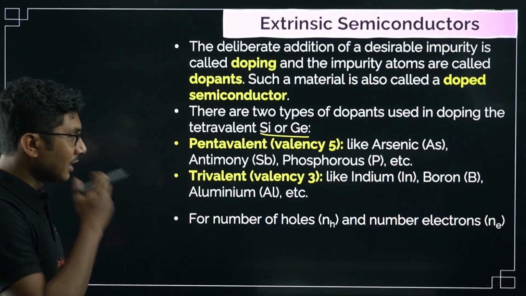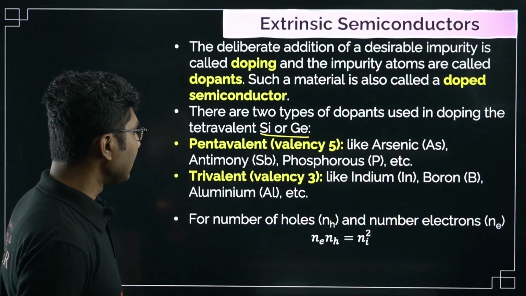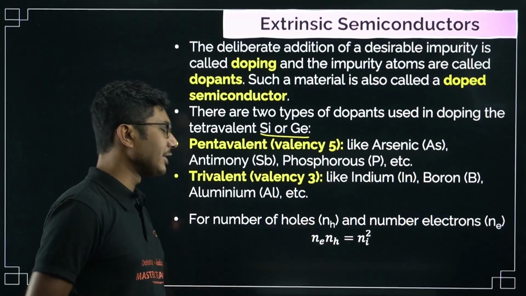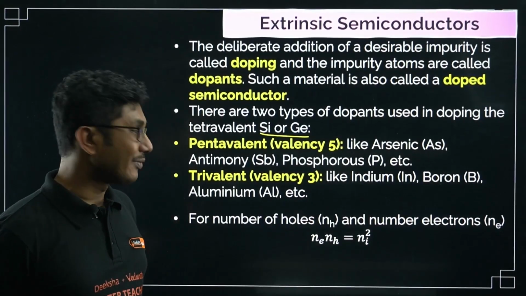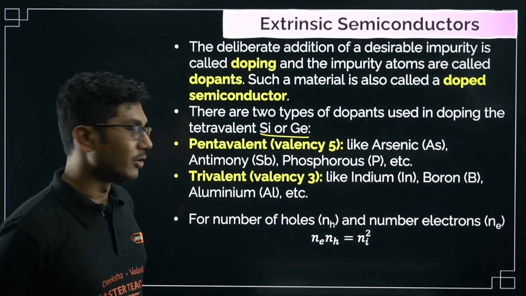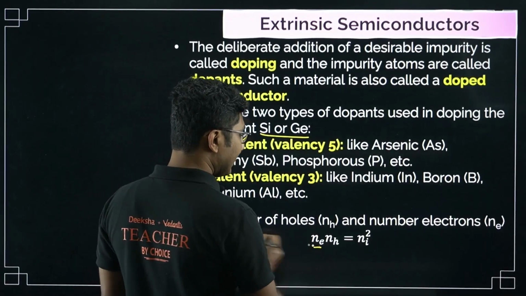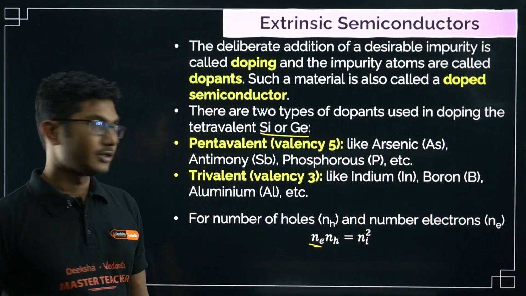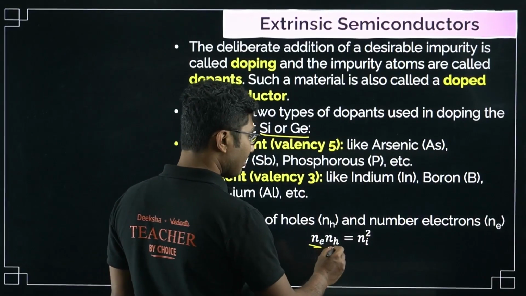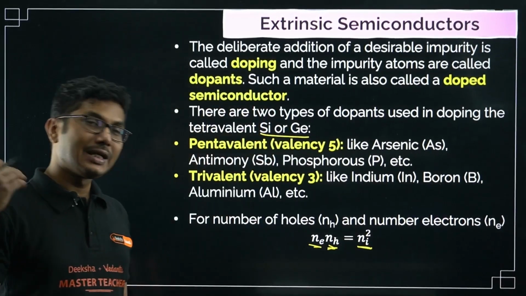For the number of holes NH and number of electrons Ne, the relationship is Ne times NH equals Ni squared. This is the formula based on which you received one question in your PU board, as I said in the previous part. Ne is the number of electrons, NH is the number of holes, and Ni is the intrinsic carrier density.